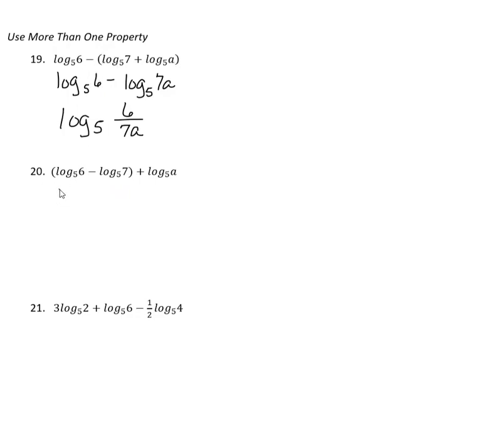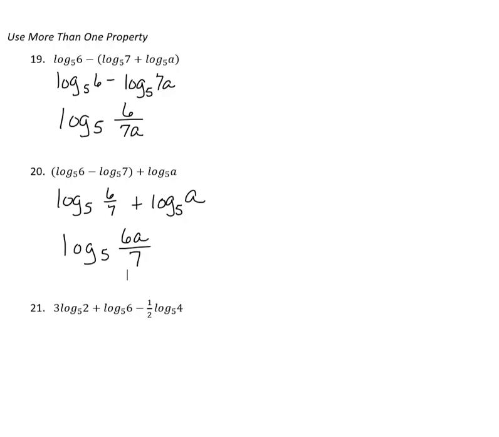I'm going to go ahead and do this out step by step. This is the log base 5 of 6 divided by 7 plus the log base 5 of a. Now I've got these two things that are being added, so I can just multiply these together. So that gives me 6a over 7.